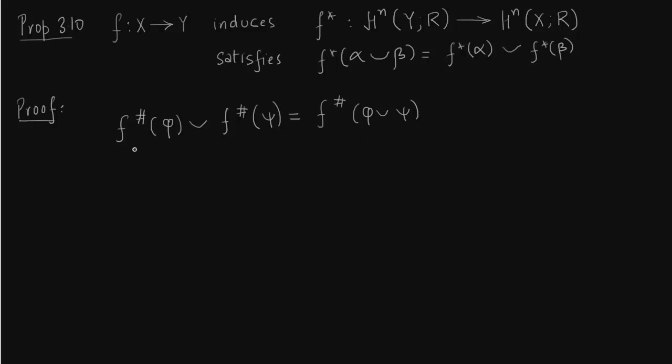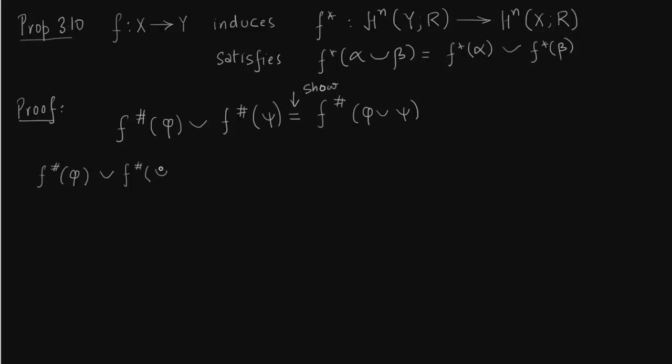This looks precisely like the above equality with hash replaced by star. The f hash is a cochain map and f star is a homomorphism between cohomology groups. So f hash is C^n(Y) to C^n(X) and f star is H^n(Y) to H^n(X). Let us just rewrite what it essentially means.